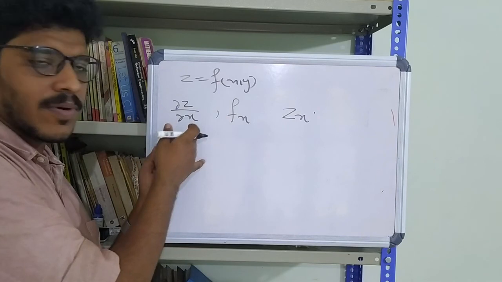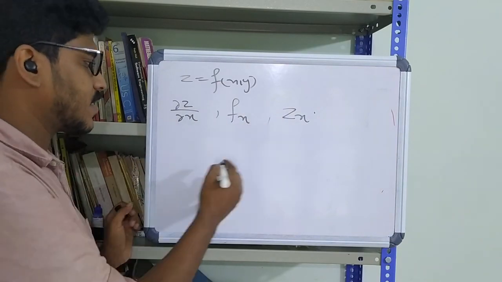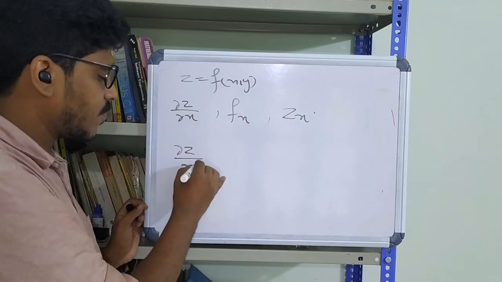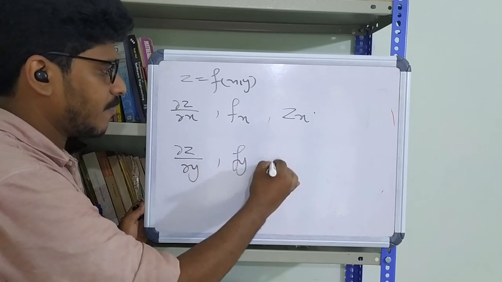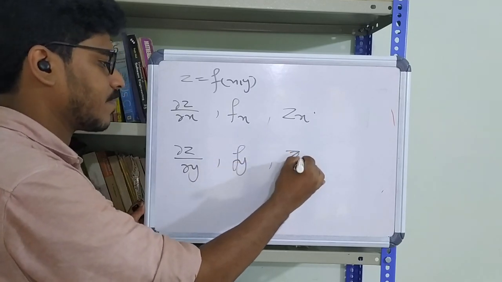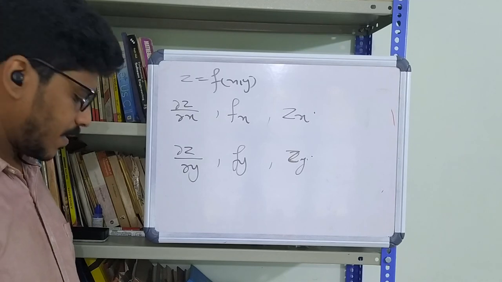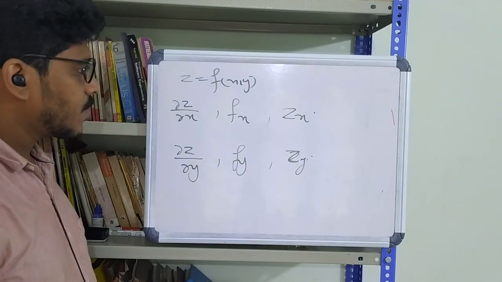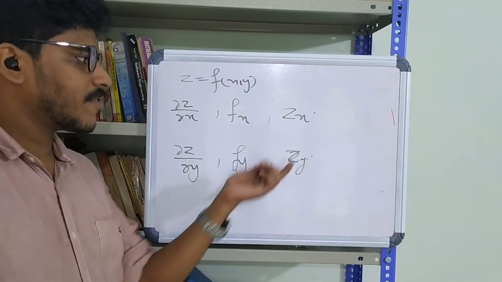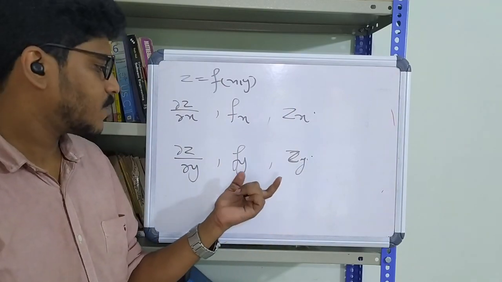These are all denoting the same quantity, the partial derivative with respect to x. Similarly, the partial derivative with respect to y may be denoted as f_y or z_y. So don't get confused if you find these symbols in your textbook or somewhere.